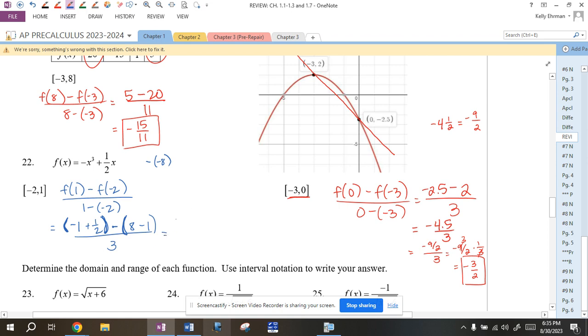This is negative 1/2 minus 7 over 3. It's negative 1/2 minus 14 over 2, negative 15 over 2. Instead of divided by 3 times 1/3, instead of going 15 over 6, you can reduce 5 over 1, negative 5 over 2.